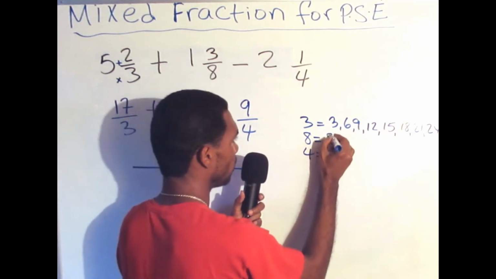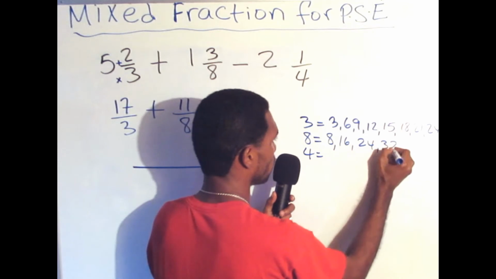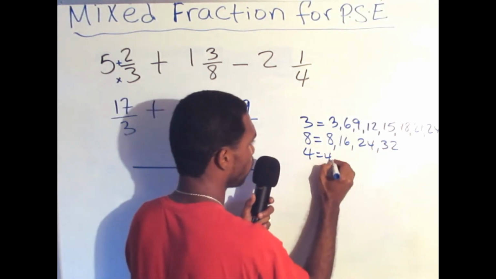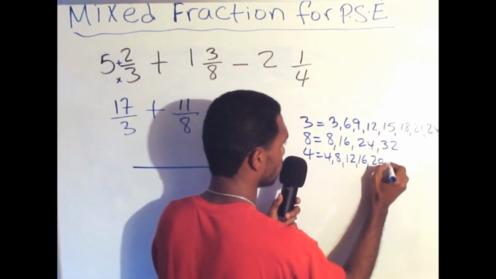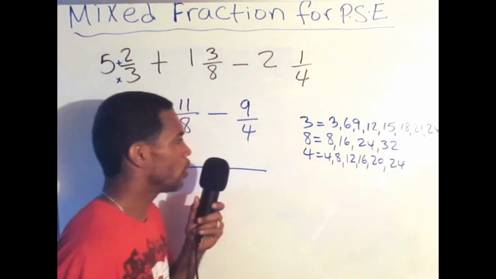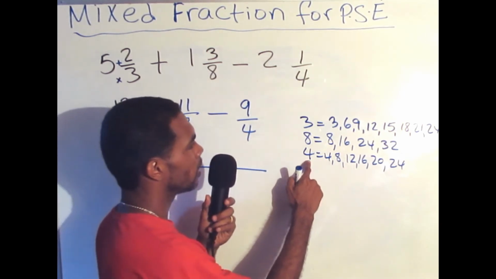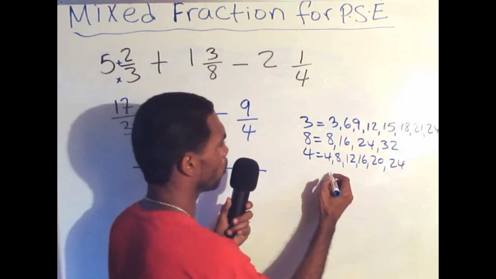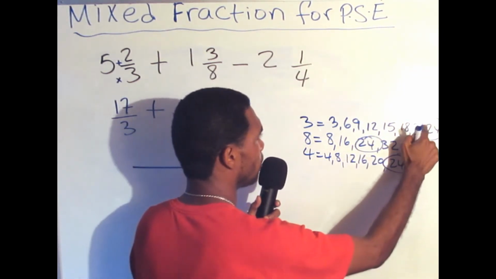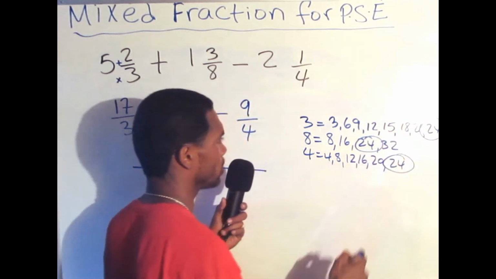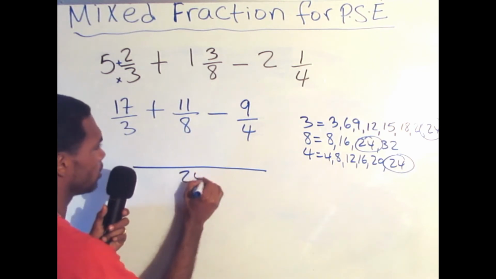Then 8: 8, 16, 24, 32. Then 4: 4, 8, 12, 16, 20, 24. So when I look at the problem, I can see that my LCM of 3, 8, and 4 is 24, because it's the least common number in all three sets.